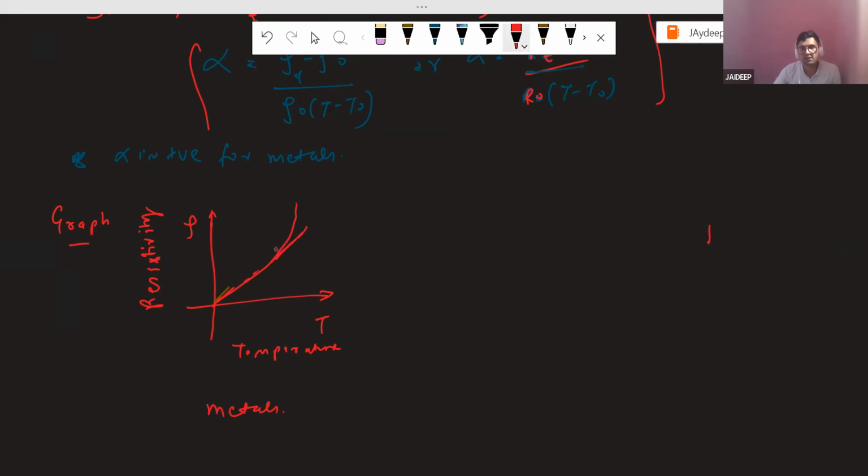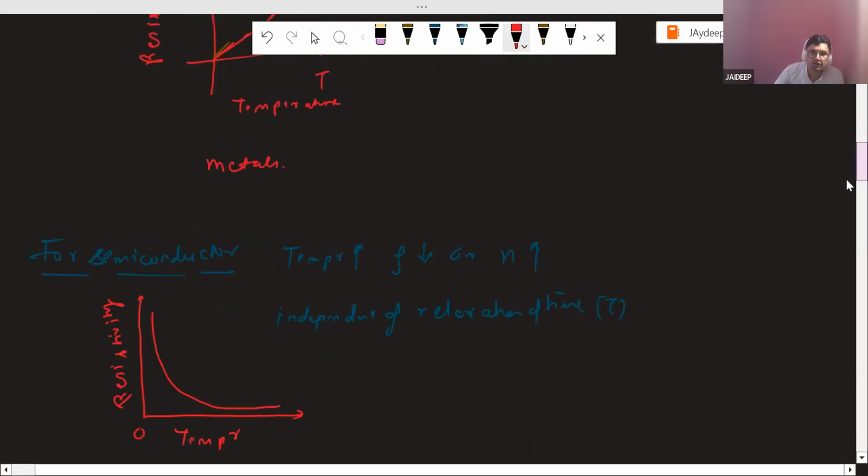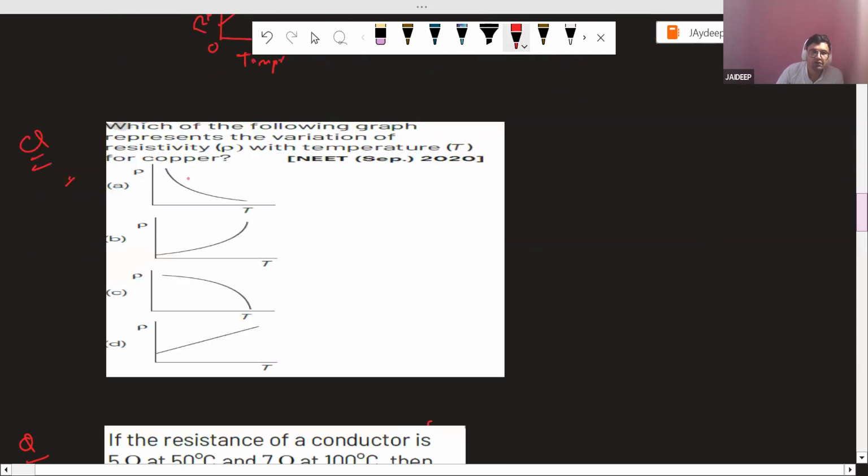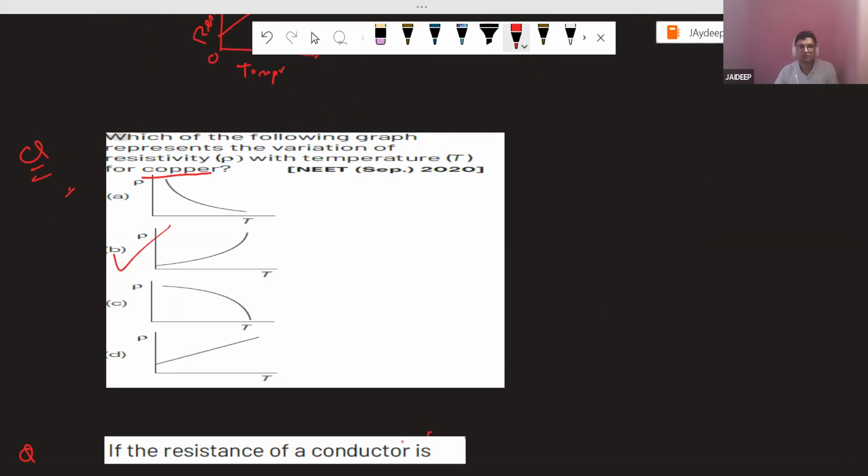So this is the metal. This is the graph for metal or conductor. This is copper. This is the answer.